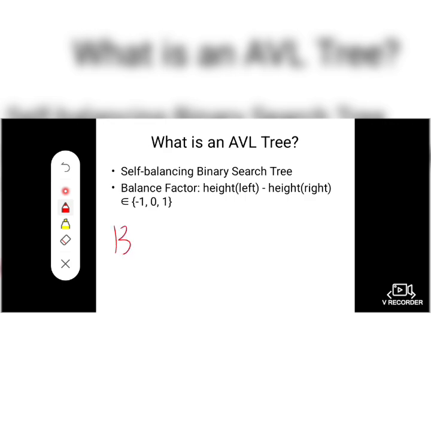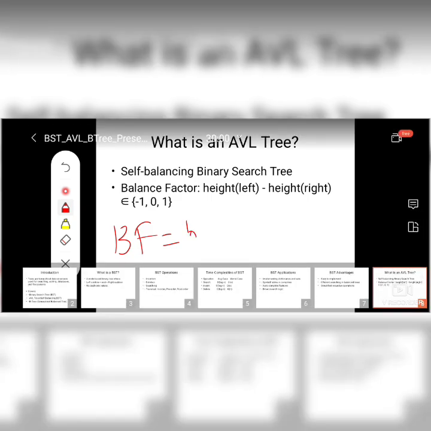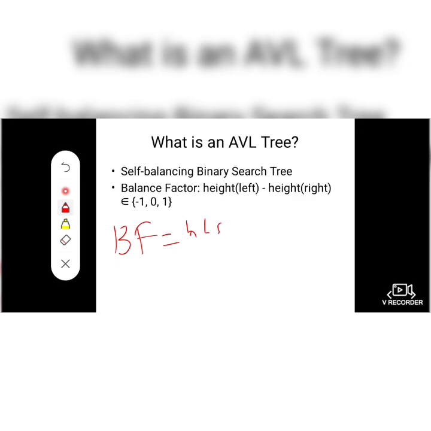So balance factor is very important in an AVL tree. The formula is height of left subtree minus height of right subtree, and it must be -1, 0 or 1.